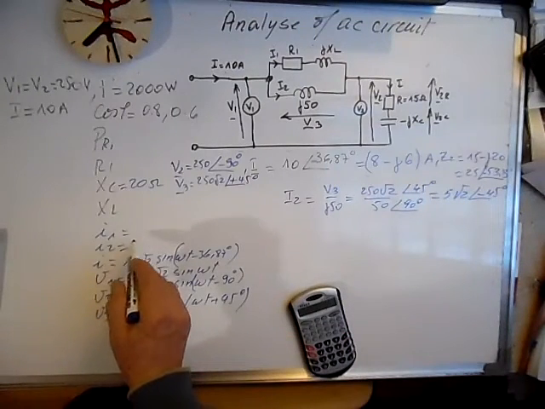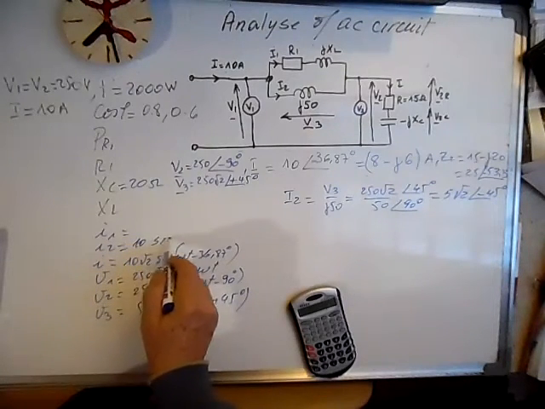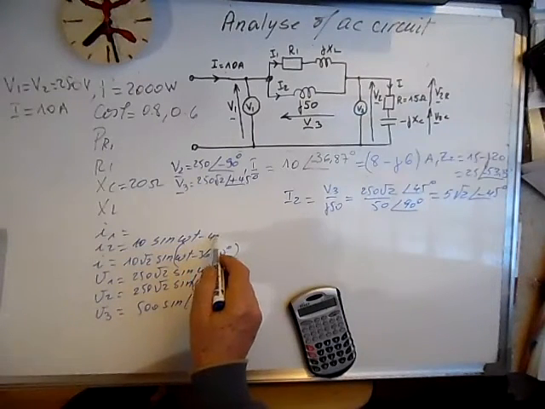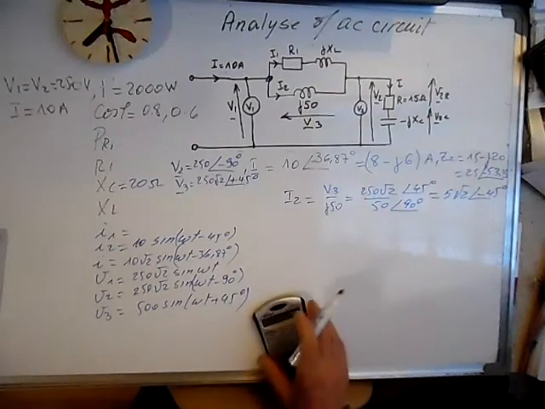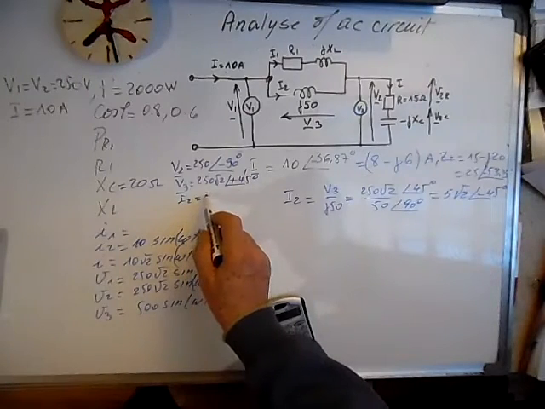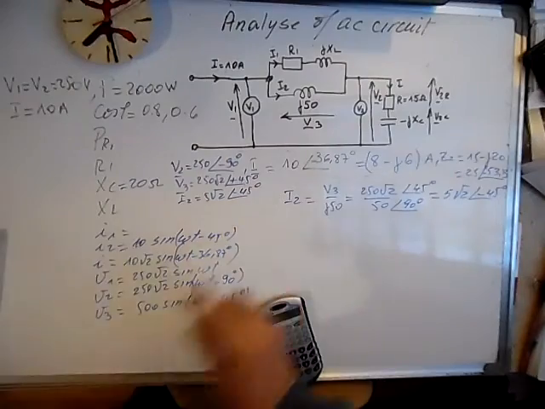I2 we can write it here. This is 10 sine omega t minus 45 degrees. Okay, now we have I2. I'll write it here so that I don't forget it. Minus 45 degrees.